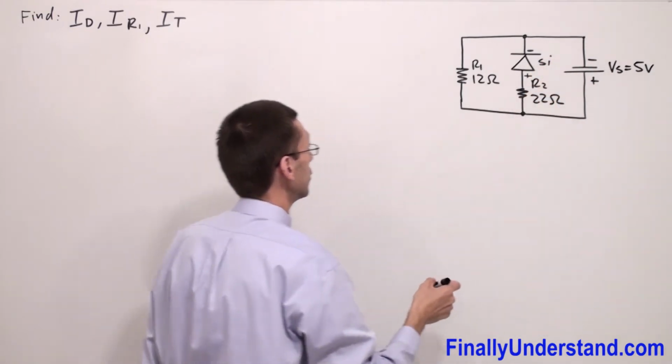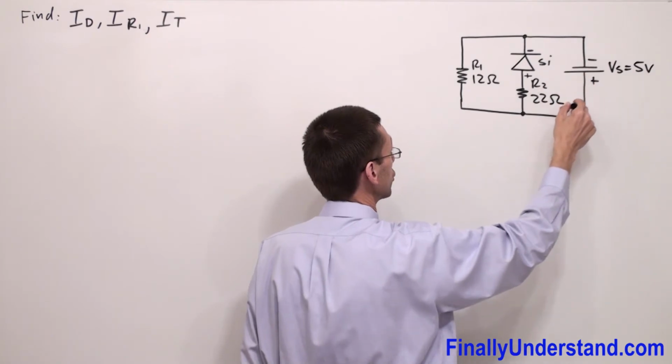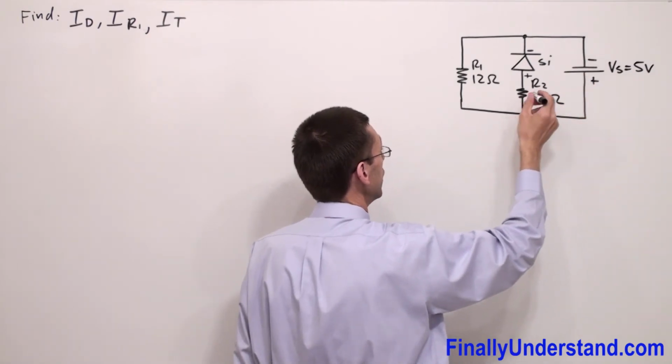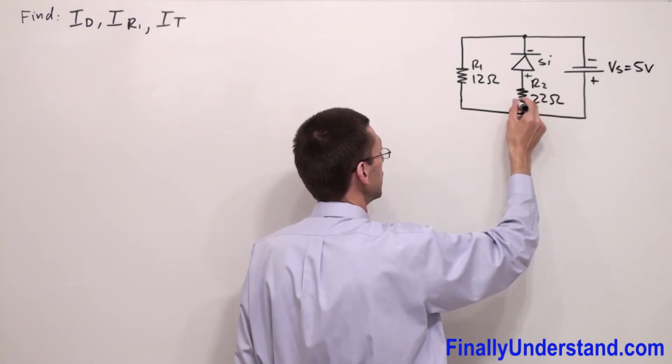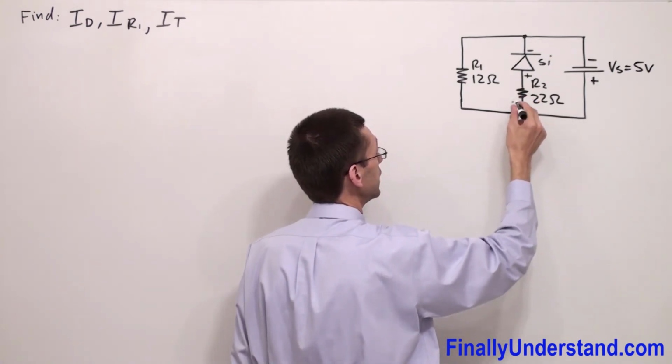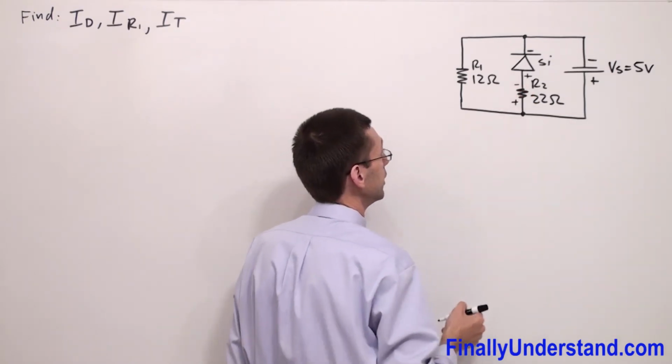Okay, so current flows from the voltage source to the resistor. So anytime the current is entering a component, you're supposed to mark this terminal positive. Anytime current is leaving the component, just mark it negative.